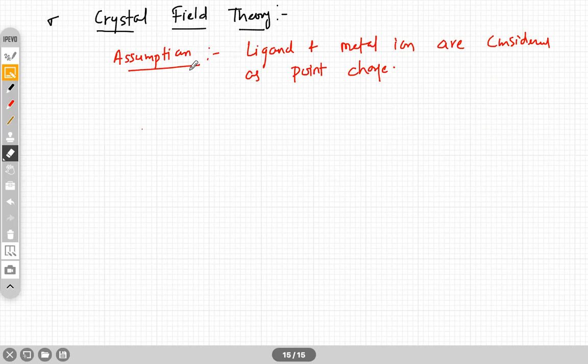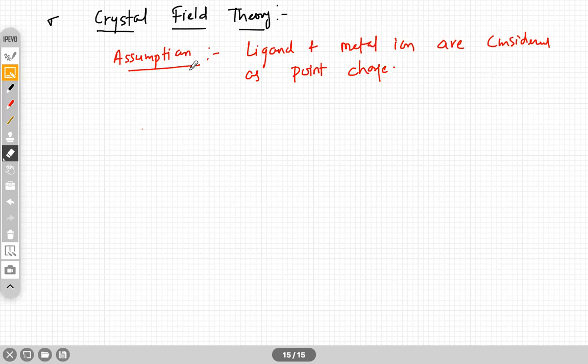According to this theory, the bonding in the coordination complex is completely electrostatic. Again, I am repeating.